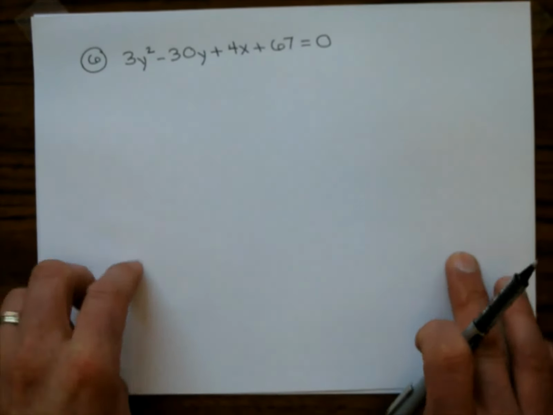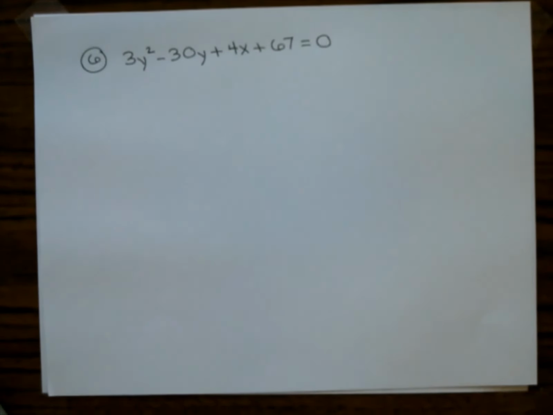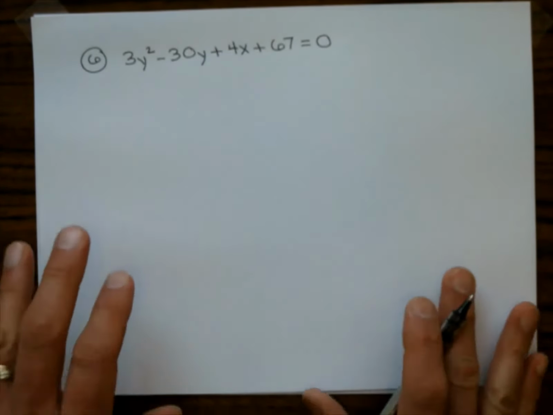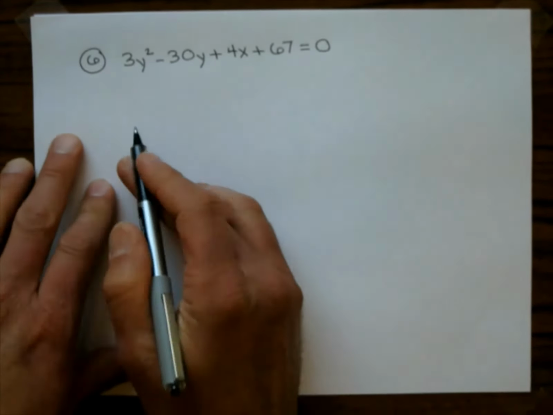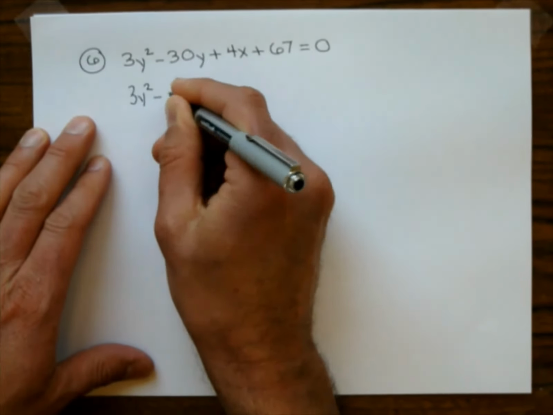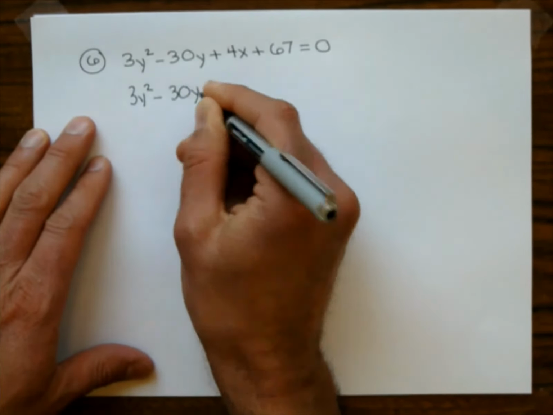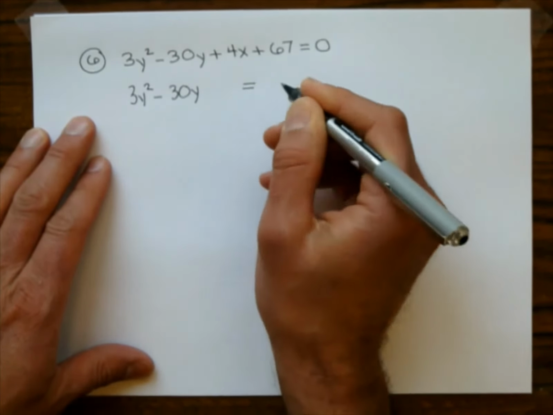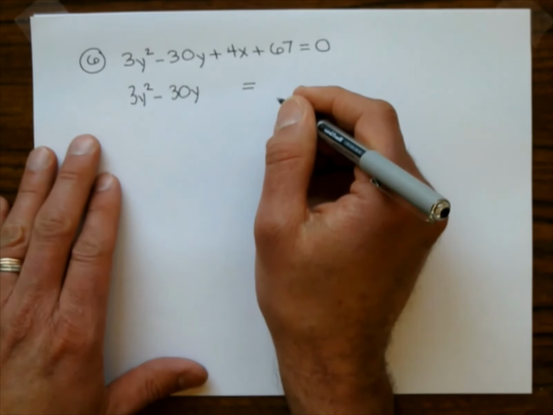You might decide to pause the video to see if you can do this on your own. Okay, so let's go ahead and do this problem. Keep your y's on one side. Leave a space and put your x's and everything else, the non-y's, on the other side.